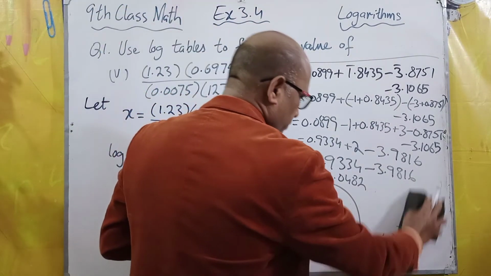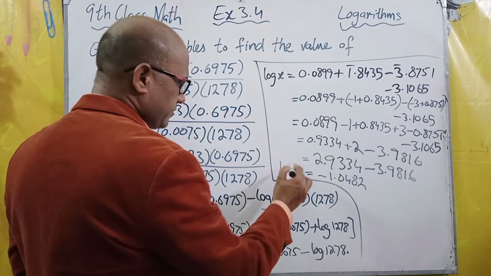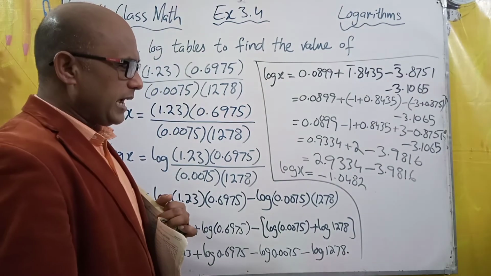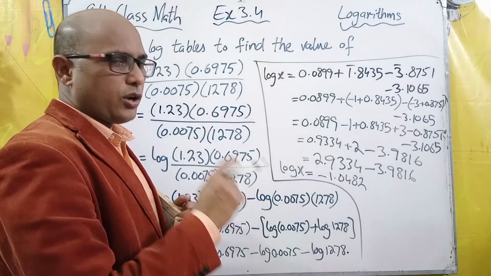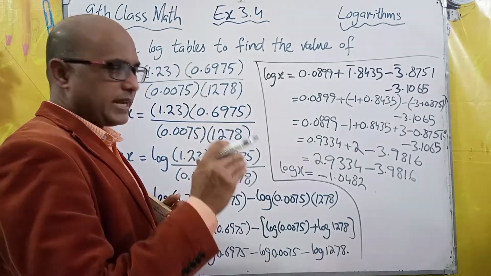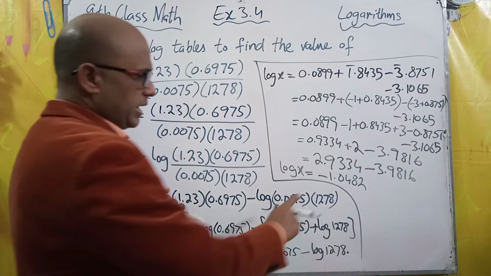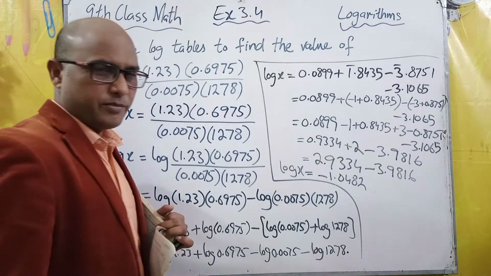So students, finally we have got log x. But now we have to solve it further by taking anti-log on both sides. We always take anti-log of a positive number. So here we have to change the sign of mantissa.